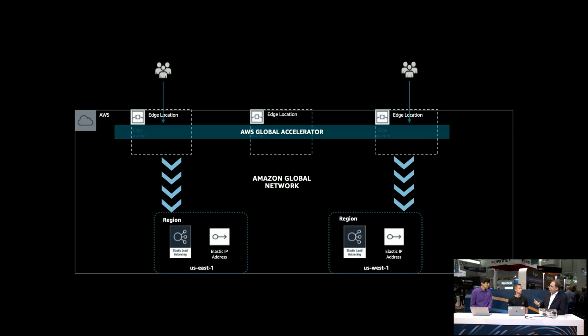If you have a disaster, that endpoint can actually be automatically failed over to another endpoint. So it's also great for disaster recovery. It's great for latency-sensitive applications like gaming. You have a global range of users all around the world who are playing games, and they need to have very low latency. Global Accelerator is going to help for that.